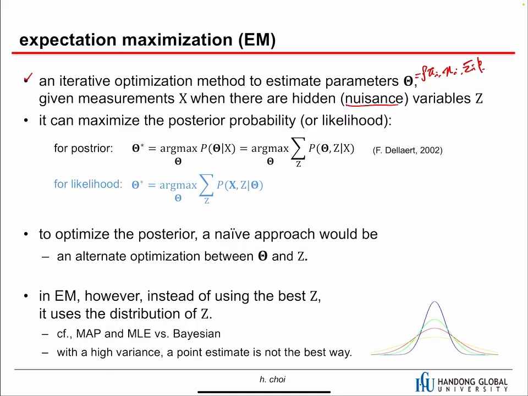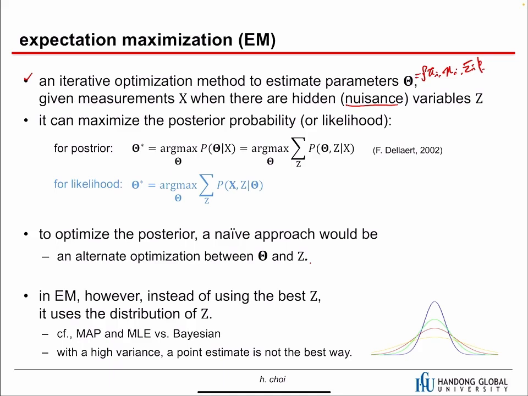And to optimize the posterior or likelihood, a naive approach would be an alternating optimization between theta and z. That's what we did in the K-means algorithm, right? So we actually assigned z and then we updated parameters.